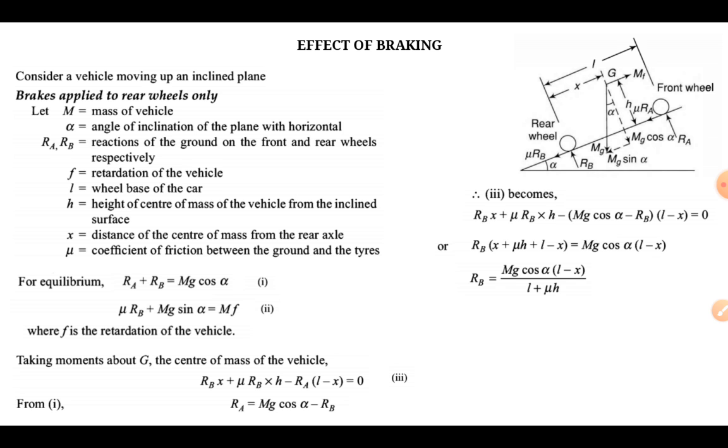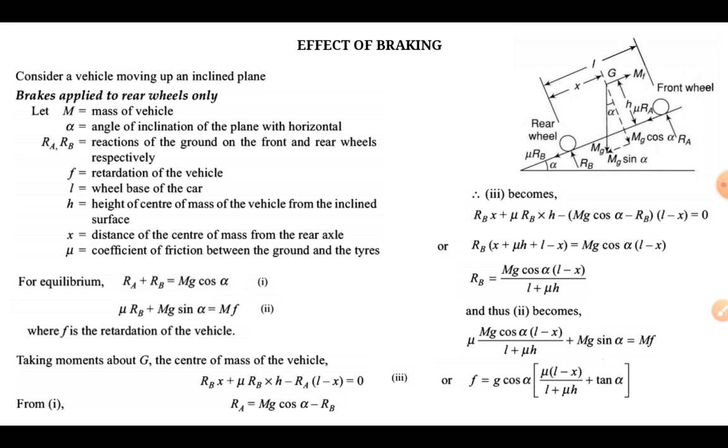So the value of Rb after solving will be mg cos alpha into L minus x divided by L plus mu h. Okay, put this value in equation 2 and you will get the value of retardation, which is f, small f, right? So we have put the value of Rb into equation number 2, and after solving that you get the value of retardation.